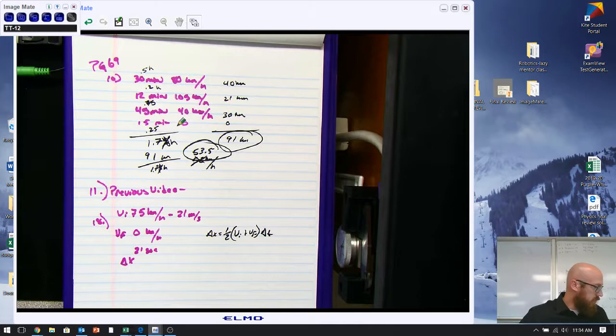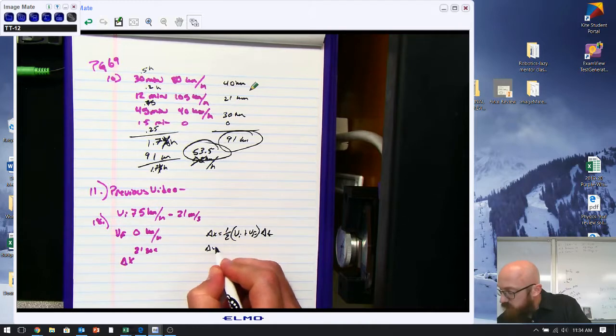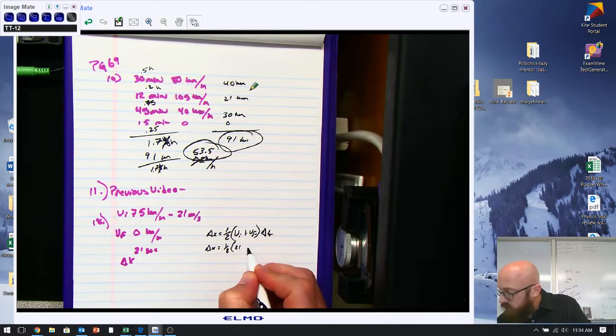Hopefully you put it in, and you should get 220 meters. So delta x equals 1/2 times 21 plus 0. Delta t is 21 seconds.